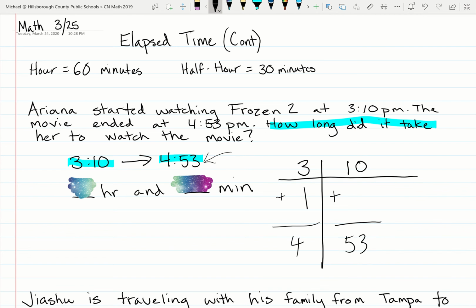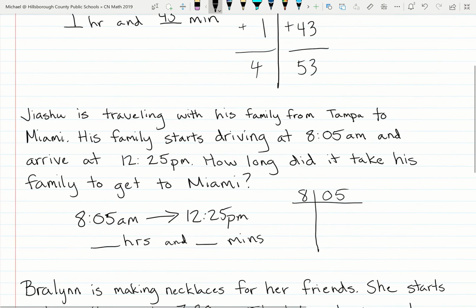If you've already figured that out in your head, the answer is 43. So the amount of time that Ariana spent to watch the movie Frozen 2 would have been an hour and 43 minutes. If you guessed an hour and 43 minutes, you were exactly right. All right, moving on to the next one.